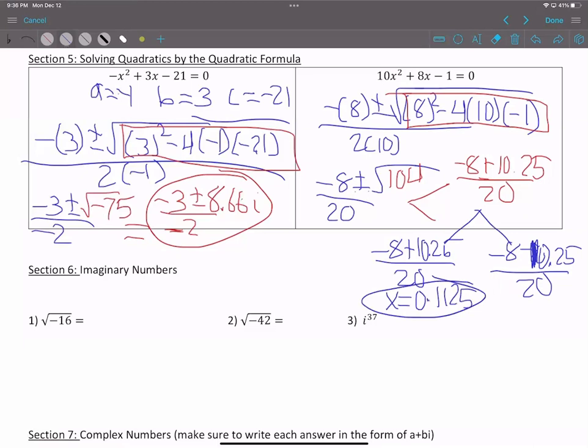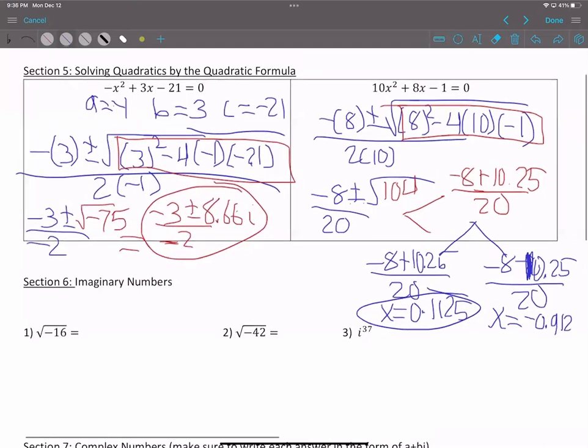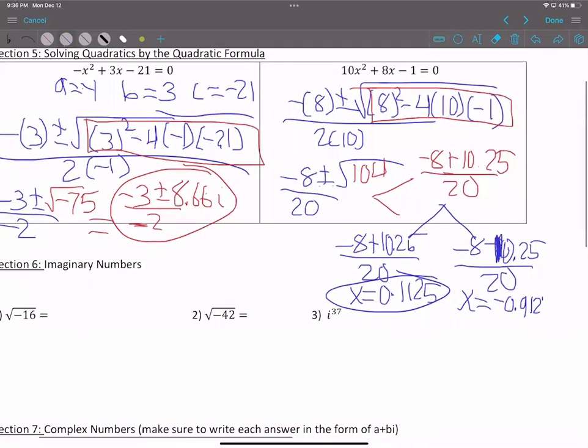For our next one, do the top, -8 minus 10.25, which is going to give you negative 18.25. Divide that by 20, and you'll get negative 0.9125. Feel free to round those as well. I'm just writing the whole decimal. And that is the quadratic formula.